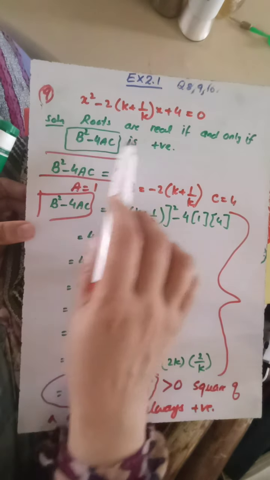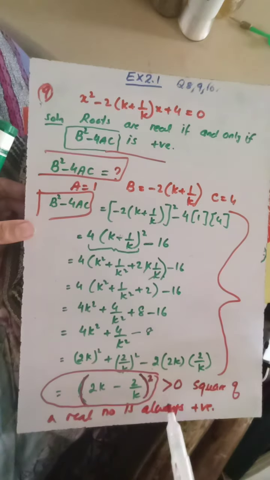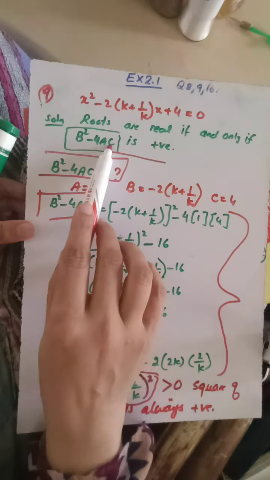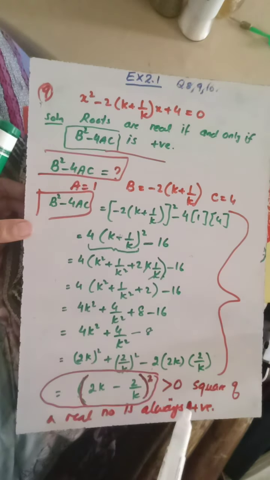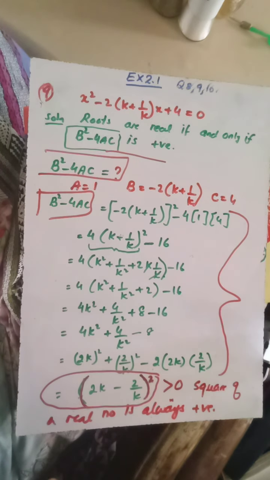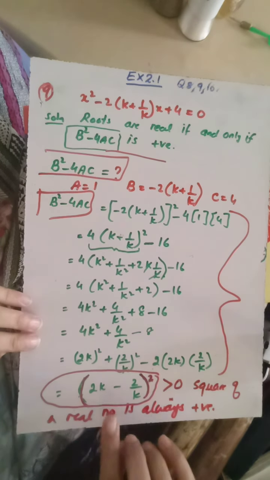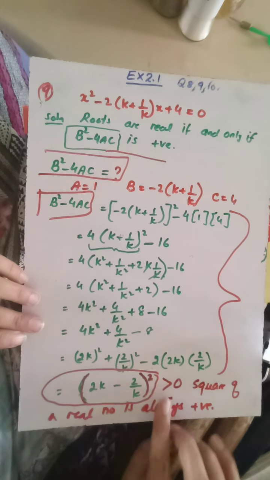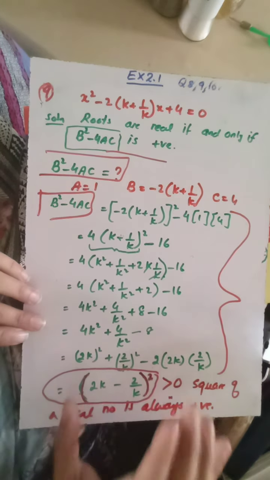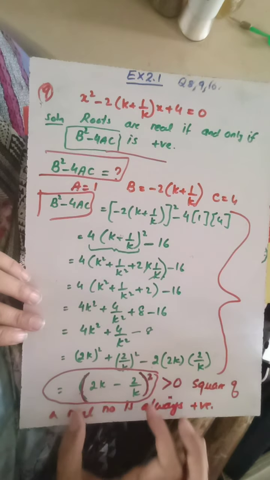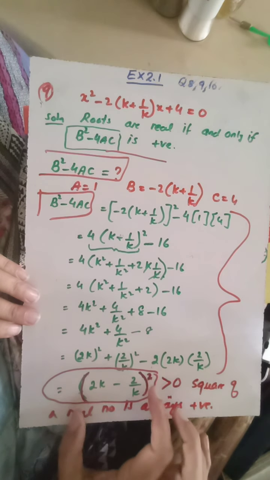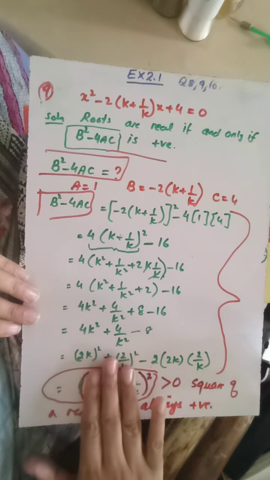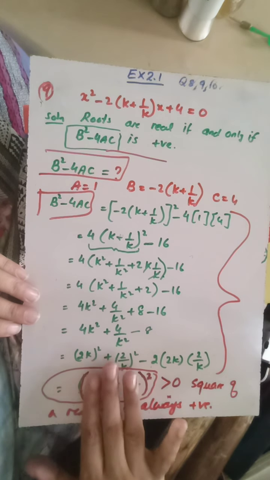So as the discriminant is positive, we have proved it here, it means that the roots are going to be real, because we know that the roots are real when the discriminant is greater than 0. We have proved that for this expression the discriminant is always greater than 0 by making this expression equal to the square of some number, and we know the square of any number can never be a negative number.